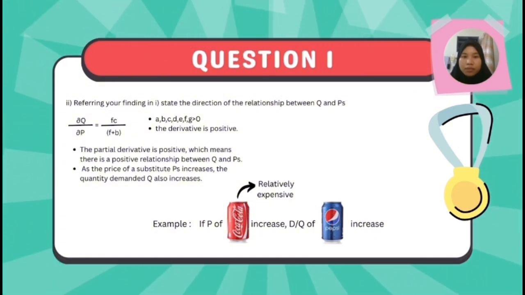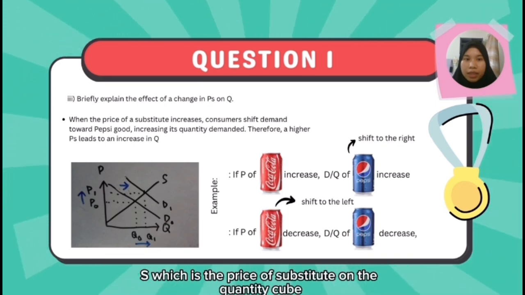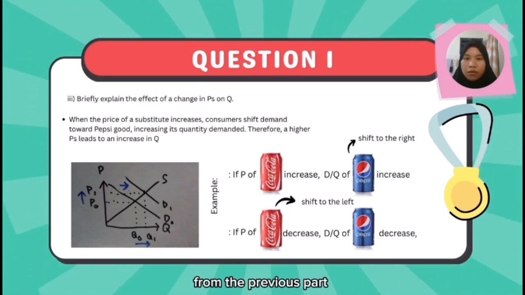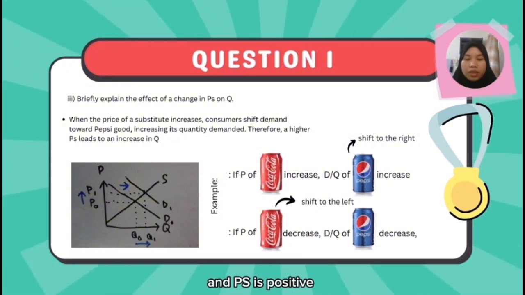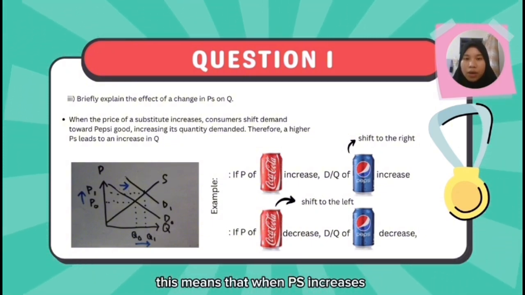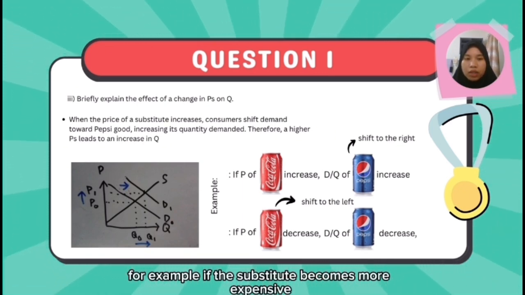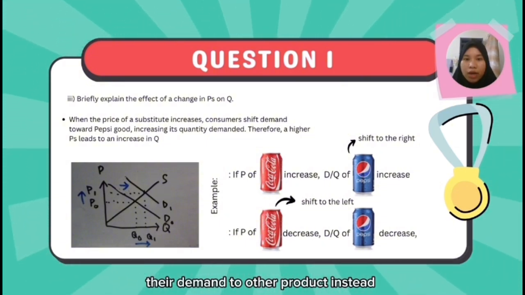Now, let's briefly explain the effect of change in PS, which is the price of substitute, on the quantity Q. From the previous part, we saw that the relationship between Q and PS is positive. This means that when PS increases, for example, if the substitute becomes more expensive, consumers are likely to shift their demand to other products instead.